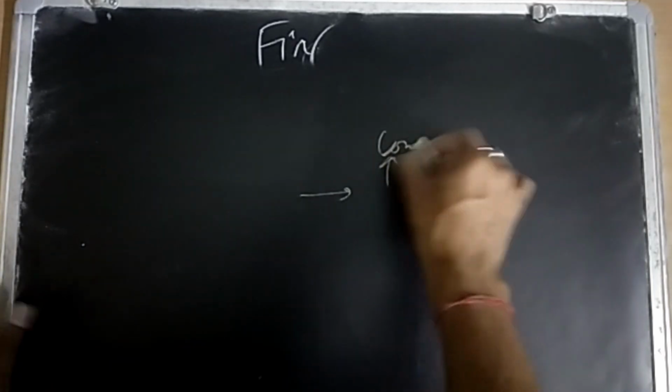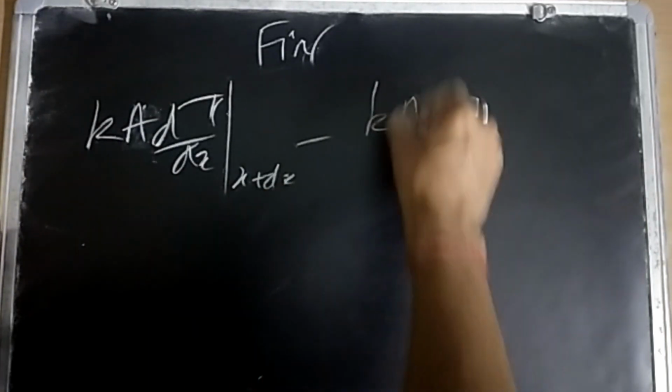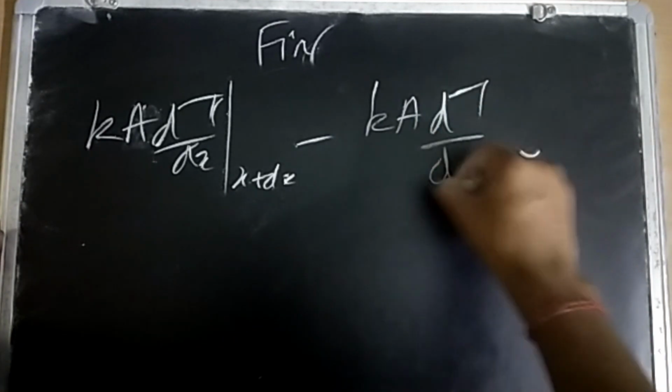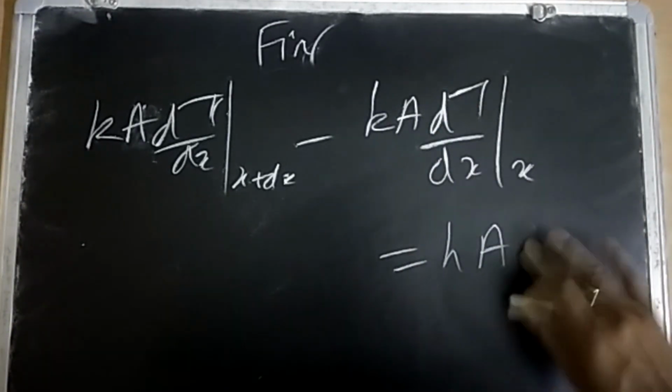So there is a difference, the conduction coming in and out, the difference in that is because of this convection. So let me write it very quickly. So KA dT/dx at x plus dx minus this, the difference in conduction, is because of this hA delta T.